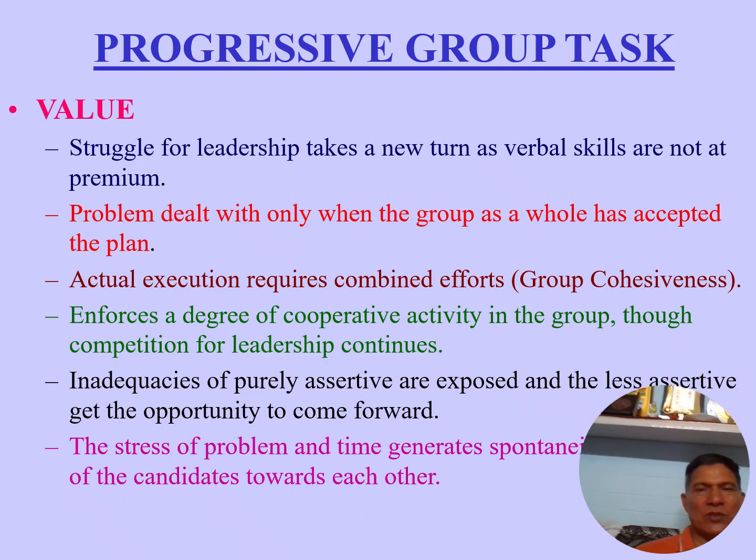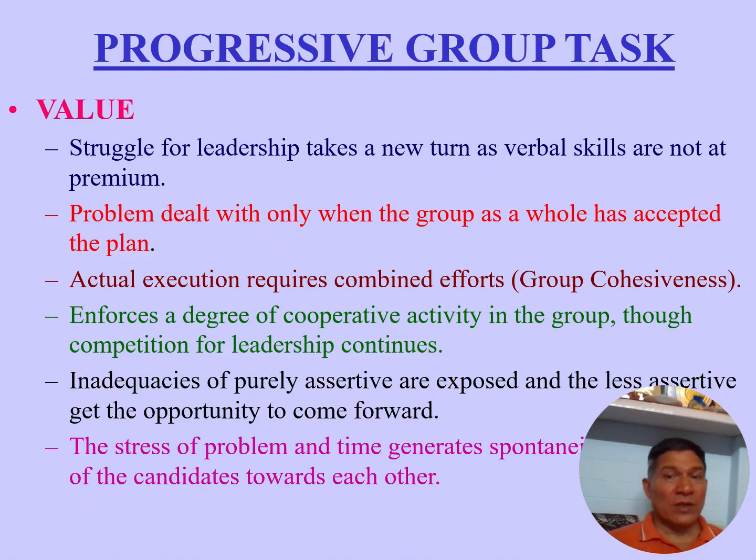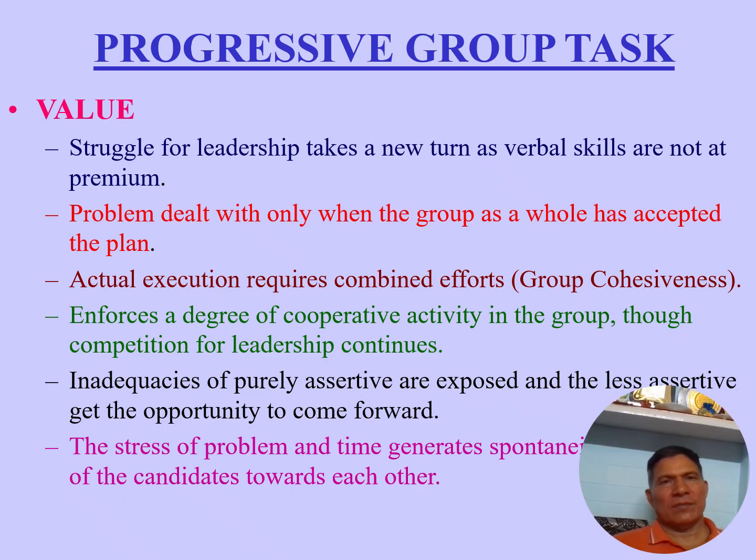You have to strive to become a leader in that group, and you must be attempting to lead the group, but in a very apt manner and in a subtle manner. You should negotiate this action of yours. Inadequacies of the purely assertive are exposed, and the less assertive get the opportunity to come forward. The stress of problem and time generates spontaneity of the candidates towards each other.